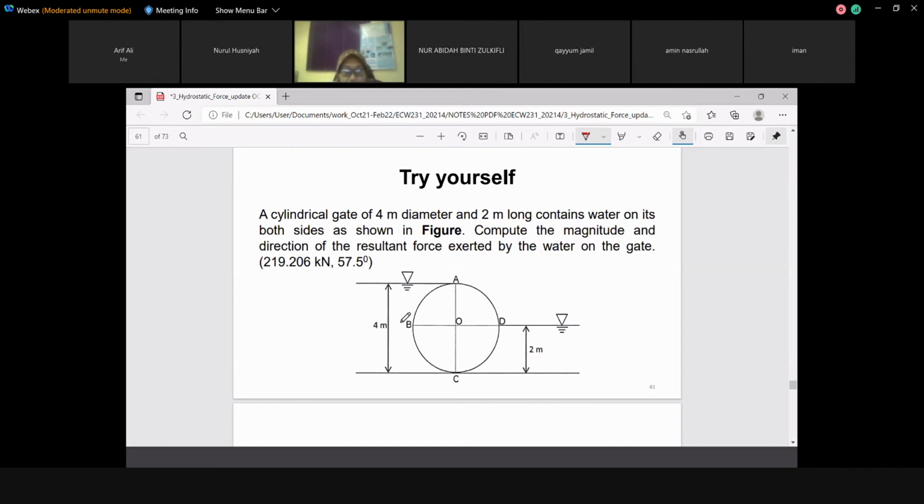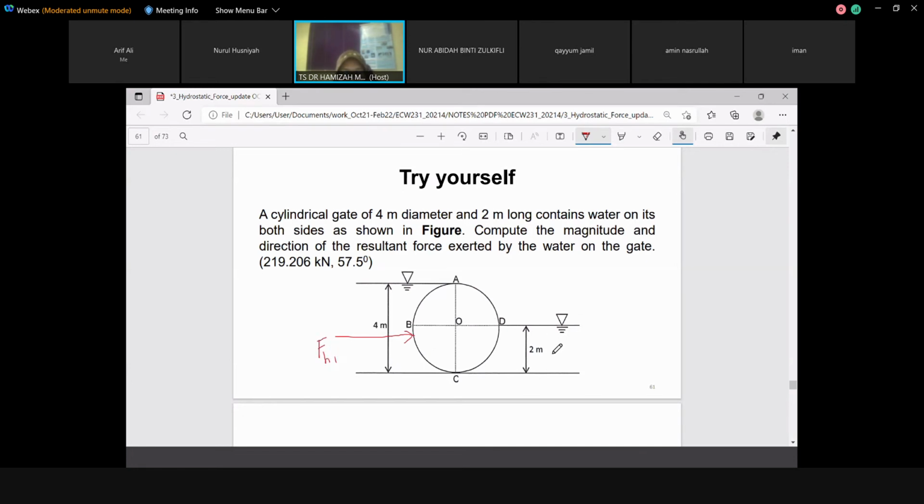I just need to give you a clue how you calculate this one. This one you have two part, which is we have water dekat belah kanan dan water belah kiri. So we need to combine the force. Force yang berbeza arah akan tambah, yang sama arah akan tolak. So untuk horizontal force dia ada sebelah kiri. So we label as FH1 maybe.